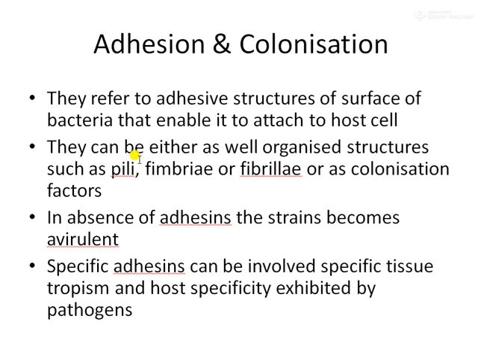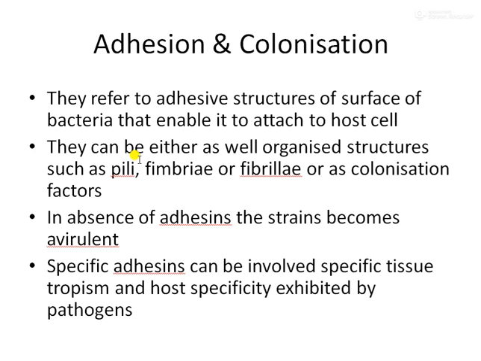Adhesins could be of different types. They could be well organized structures such as pili or fimbriae, or they could also serve as colonization factors. In the absence of adhesins, the strains become avirulent, or they lose their virulence.